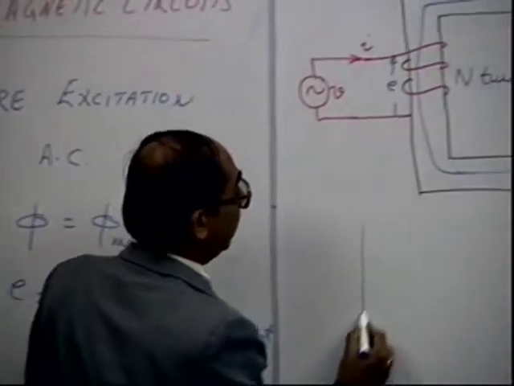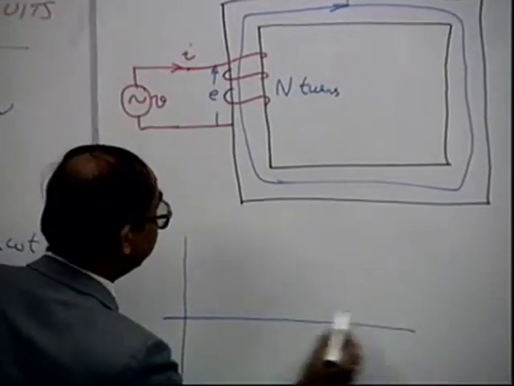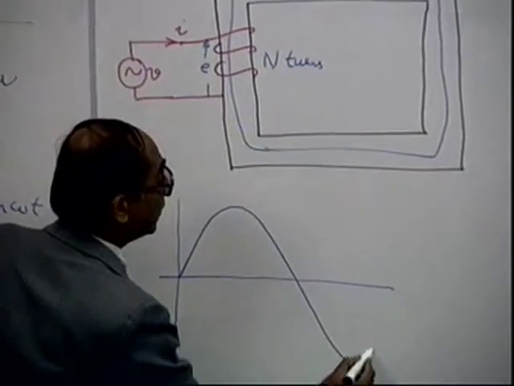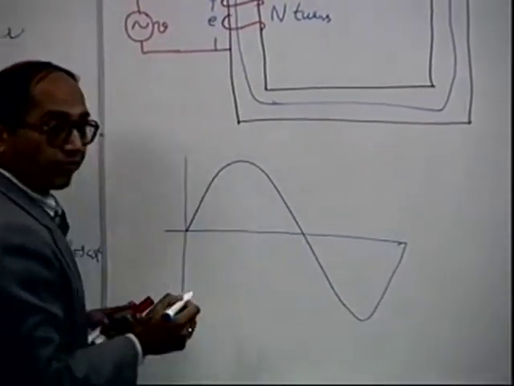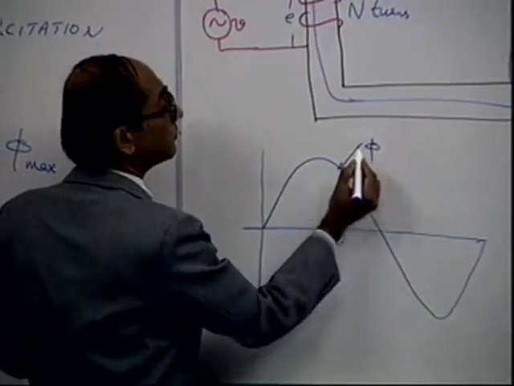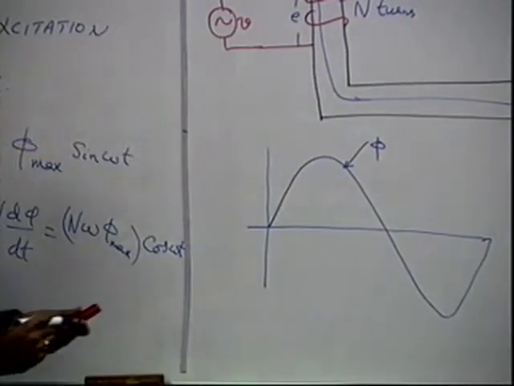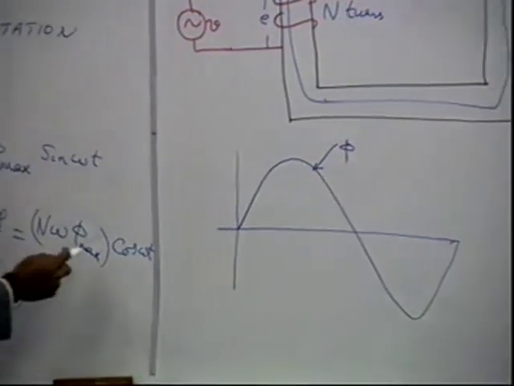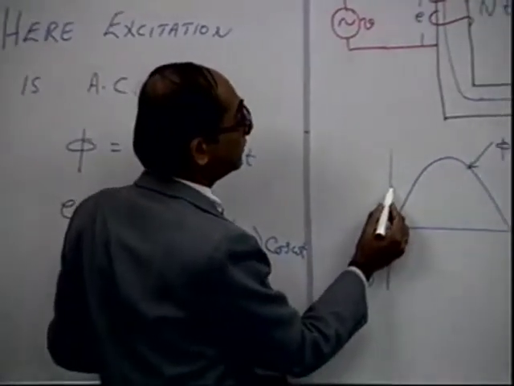So if you plot a waveform, you have phi, and the E will be a cosine function.